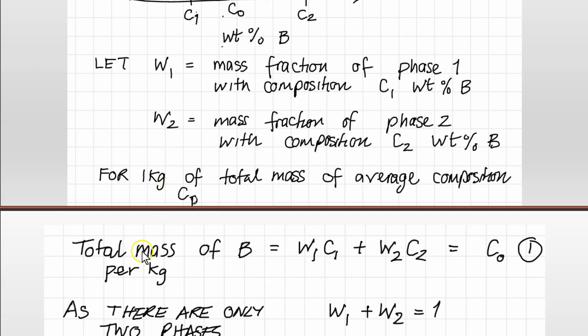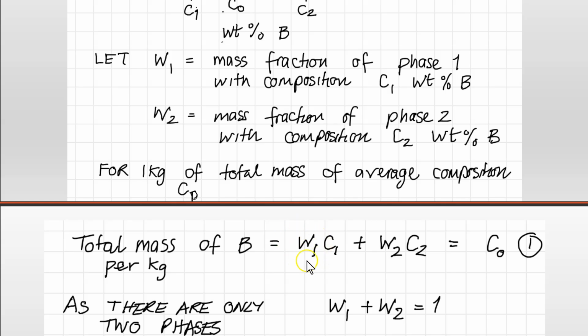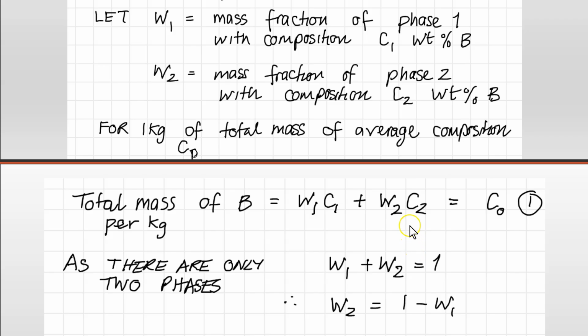So we can express the total mass of B as the mass fraction of phase 1 multiplied by its composition expressed as its fractional composition of B, adding to that the mass fraction of phase 2 times its fractional composition of component B. If we add these together, we should get the average composition, C sub 0.